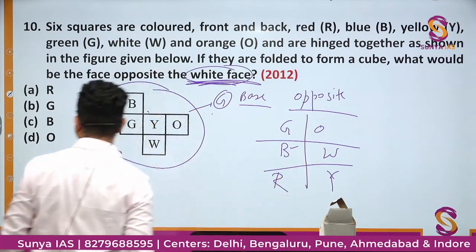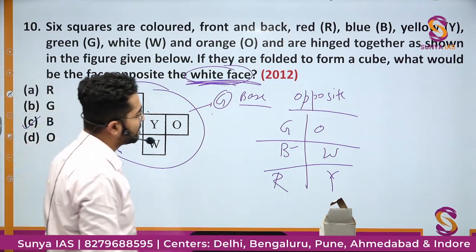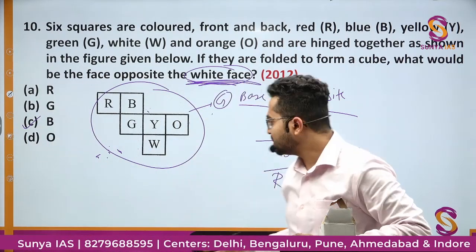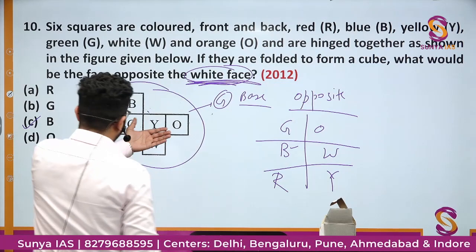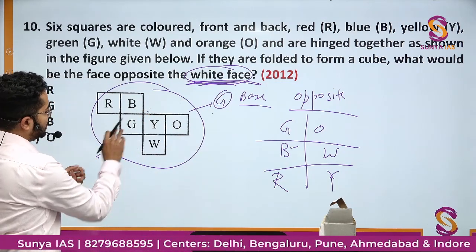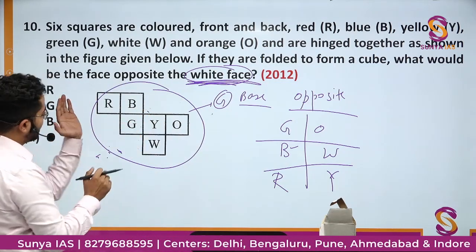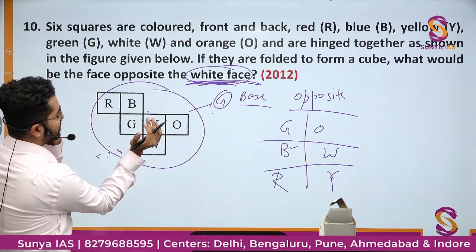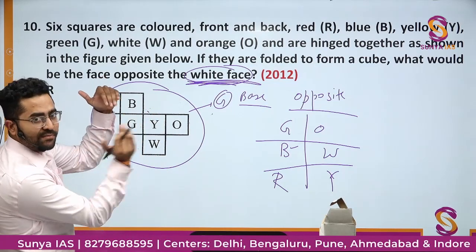B. So the option would be option C. It takes a little imagination, nothing more. Here is G, you fold Y, O, then O comes here, Y comes at the sideways, R comes from this side, so these two sides would be R and Y, and B and W from this side.